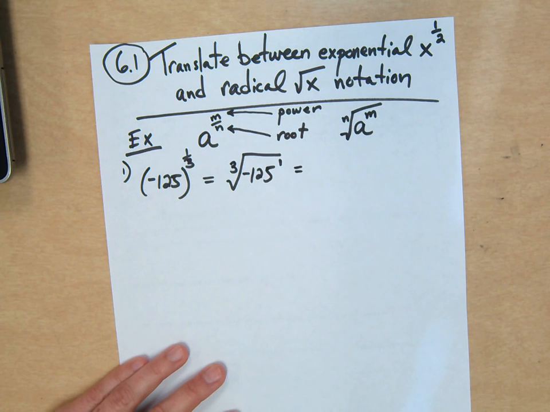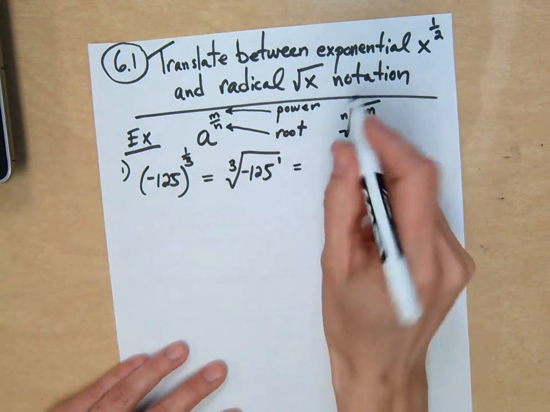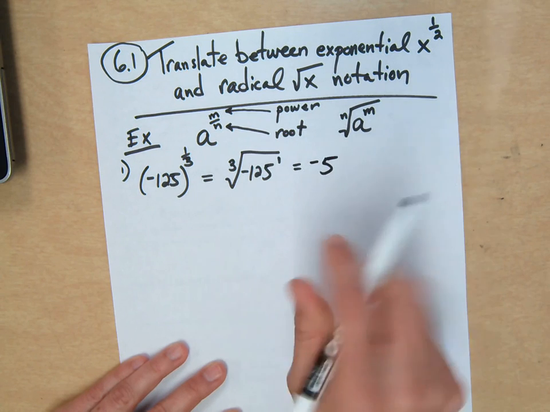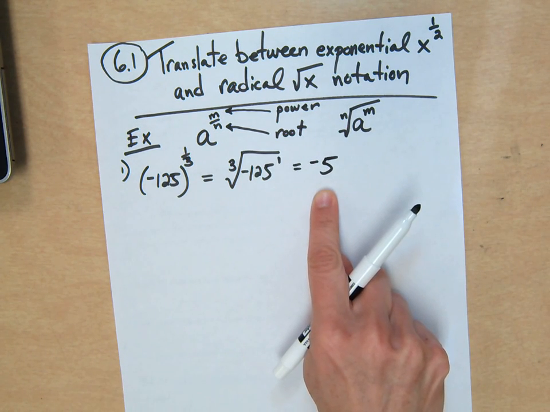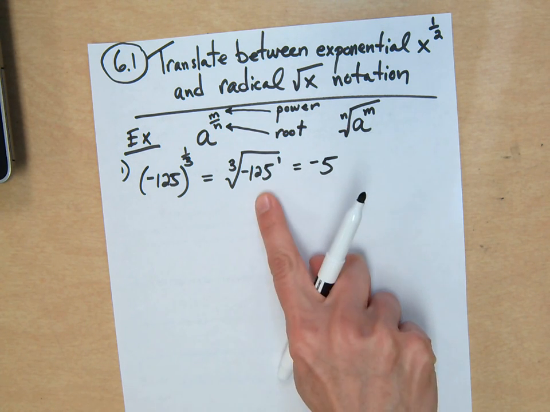I'm going to want you to try to do them in your head when you can, just kind of guess and check. What number, when you multiply it by itself 3 times, will give you negative 125? It has to be negative 5, right? Because we can check: negative 5 times negative 5 is 25, times negative 5 is negative 125.